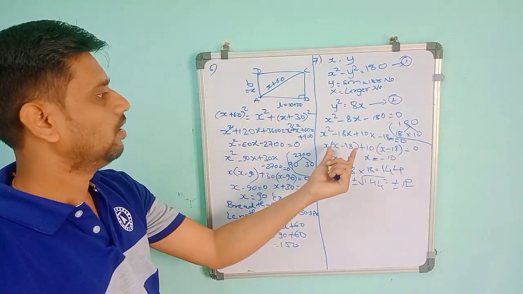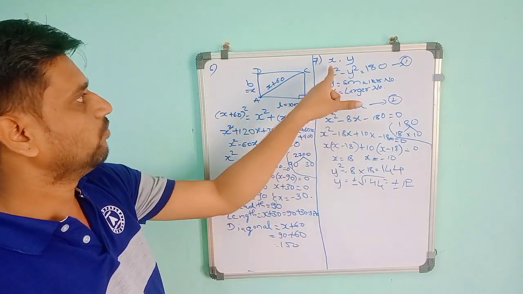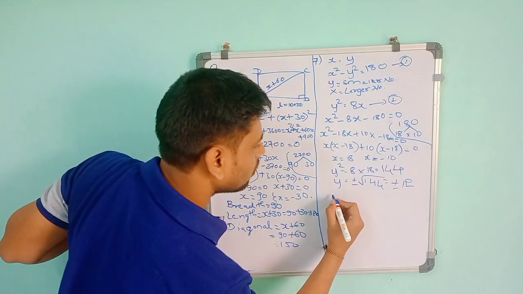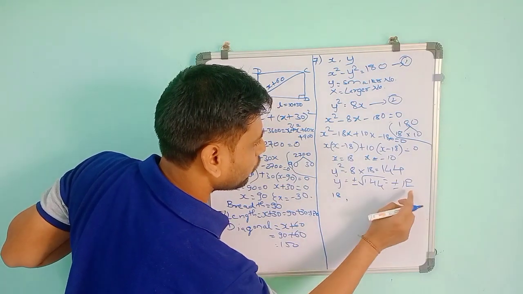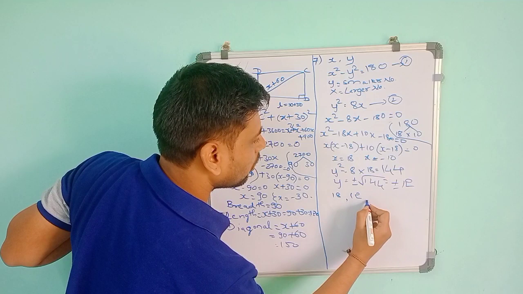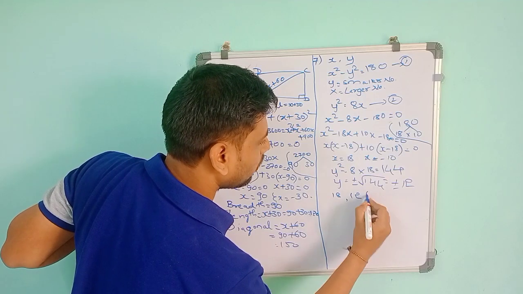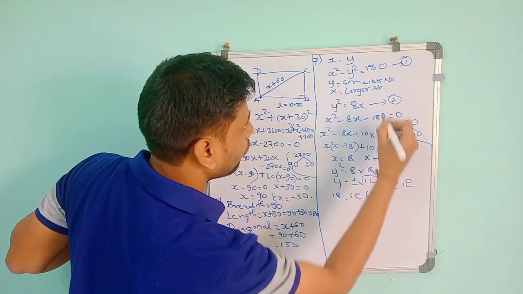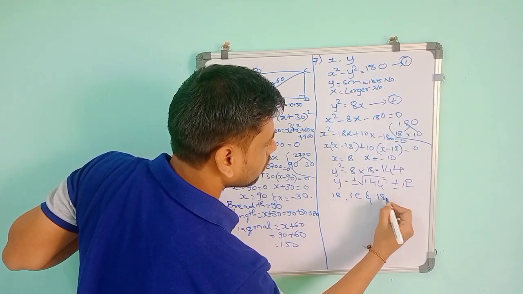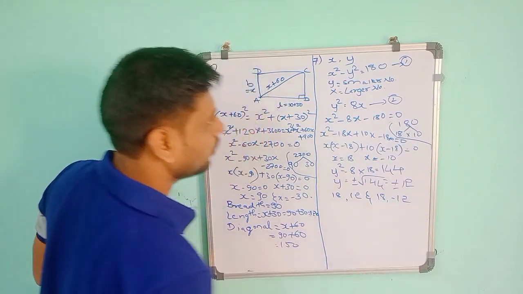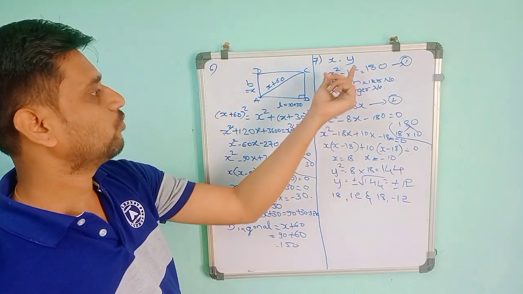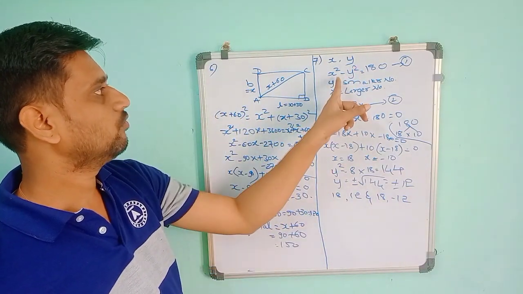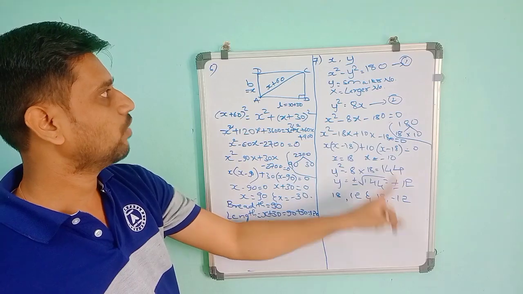So the value of the first number is 18 and the second number will be 12, and another one is y equal to minus 12. So x is equal to 18 and y is equal to minus 12. If you check, x square is 18 square, which is 324, minus 12 square, 144.